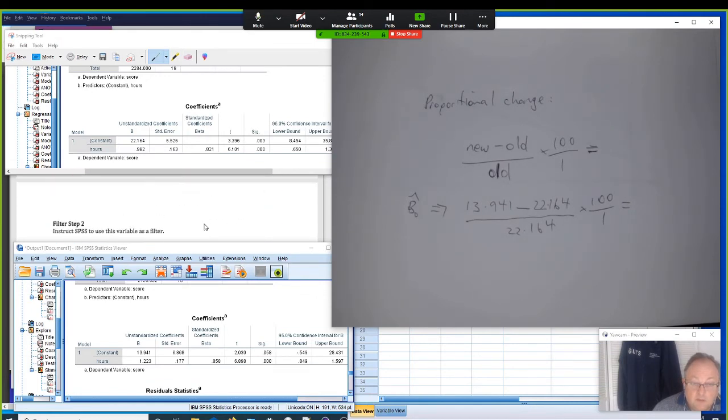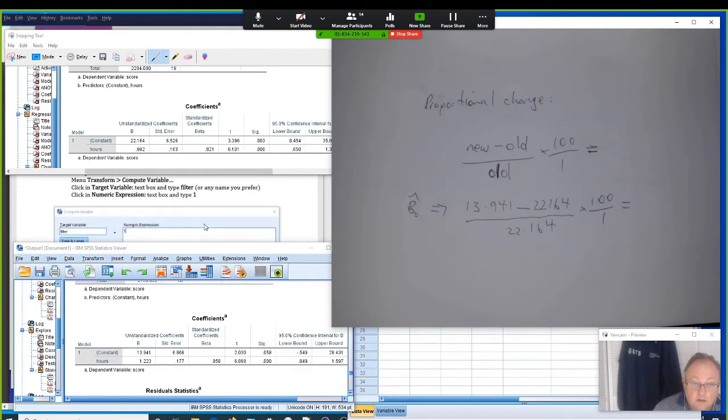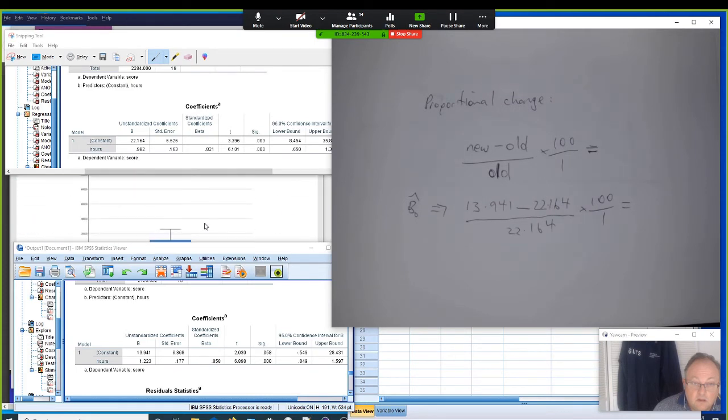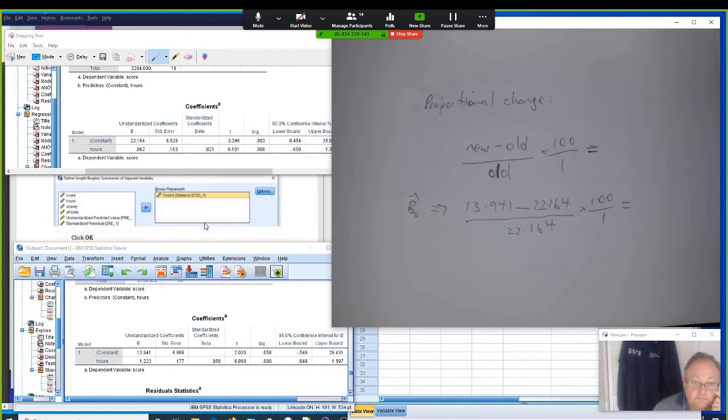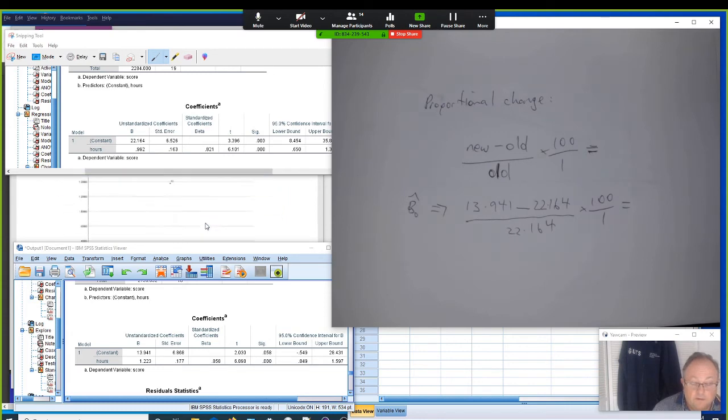Yeah, 37%. That's the right one. When we did that Cook's D, there it is, we put the Cook's distance in. So that was hopefully answering your question.